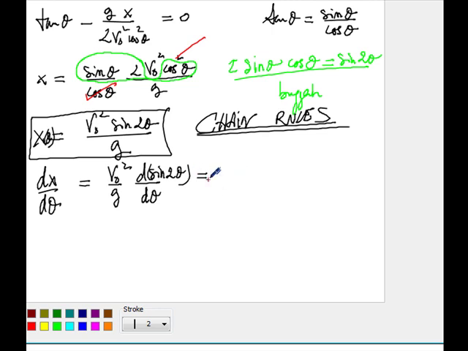We need to take the derivative of the envelope function, sine. Derivative of sine is cosine. Cosine 2 theta. And then we need to take the derivative of the inside function, which is 2 theta, and the derivative of 2 theta is 2. So we have another extra 2. Okay? Is everybody okay with that step? The chain rule step.